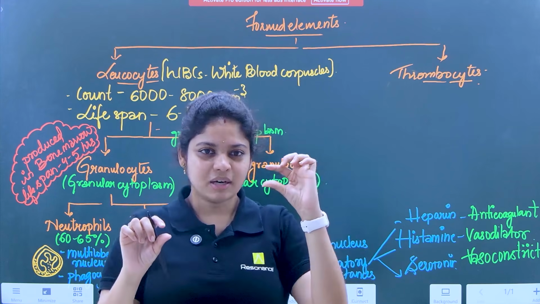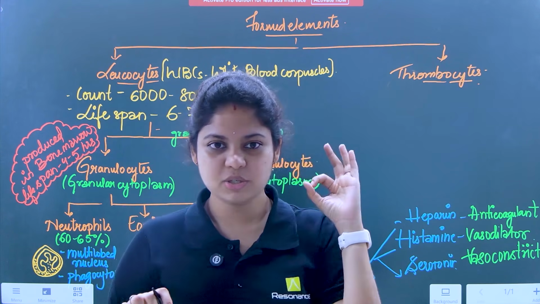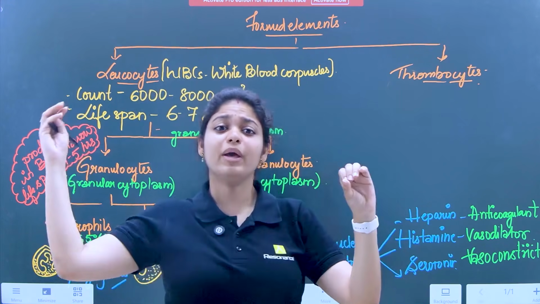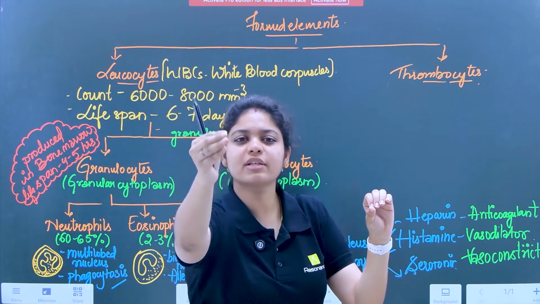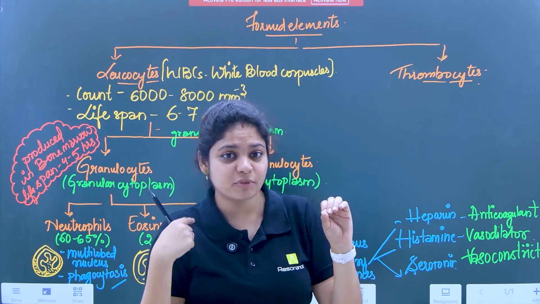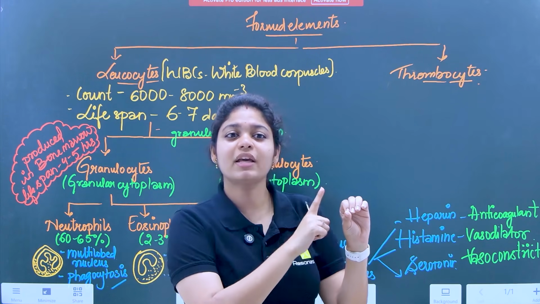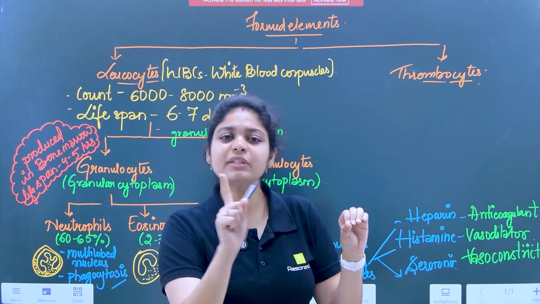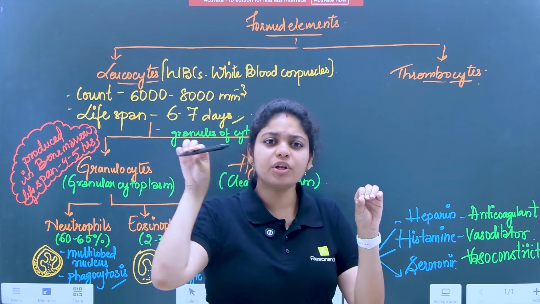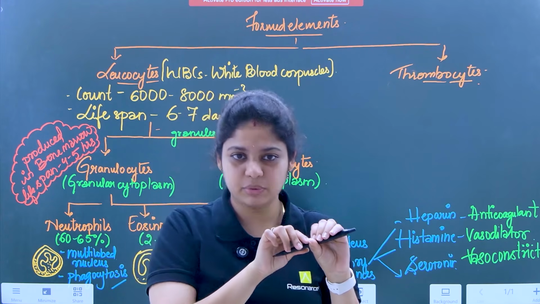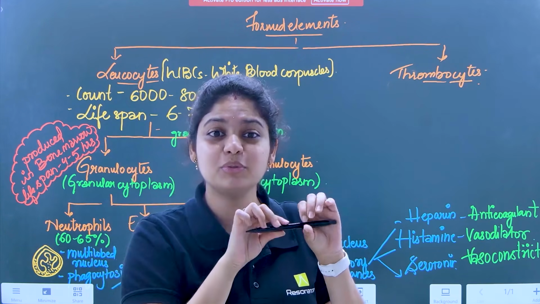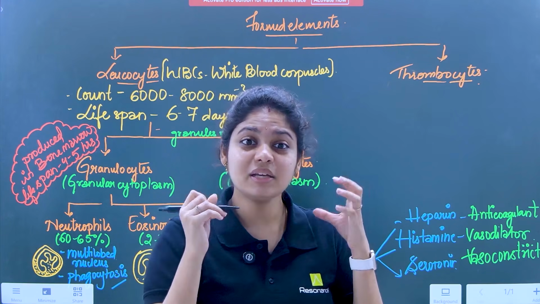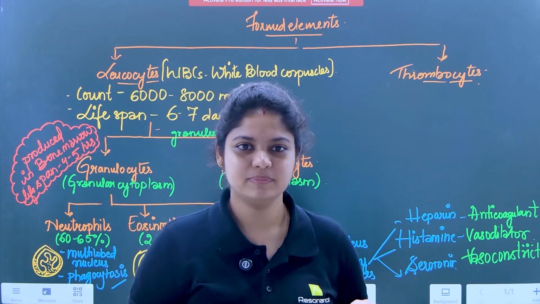Think of a pipeline, a thin pipeline. When I say water, it is the fluid blood in our body. When I say pipeline, it is nothing but the blood vessel. Now you compare it. When one liter of water tries to flow through this thin pipeline, it shows more pressure.